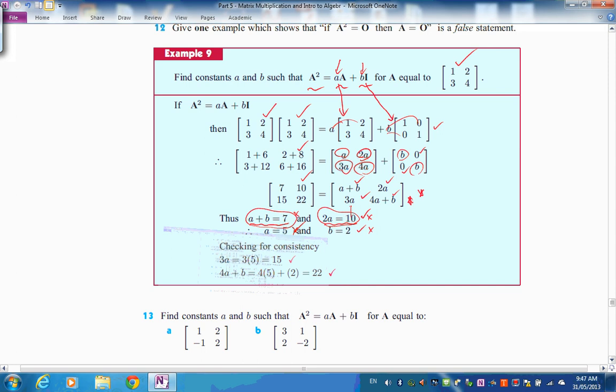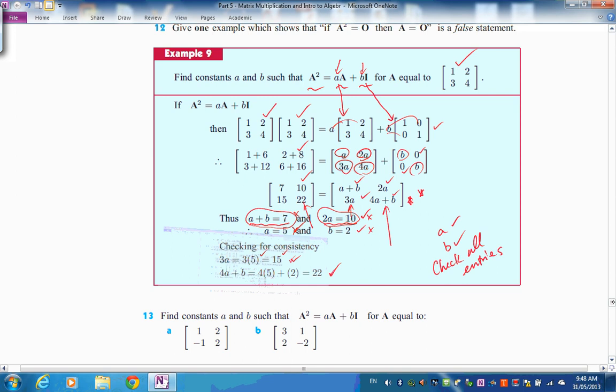So the bottom row, 3A, 3 times 5 is 15, which checks. 4A plus B, this entry here, should equal 22. So you've got to put those checks in. Don't just grab the first 2 equations, get a potential A and a potential B and forget it. It may not work in the other spots. You have to show it. So check all entries to make sure the matrices are perfectly equal.